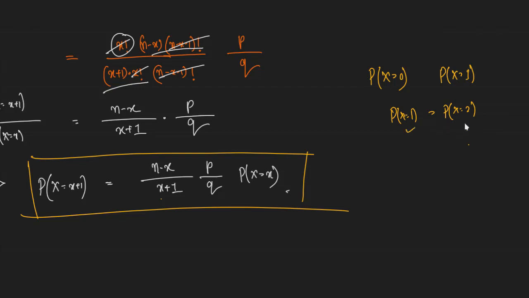Once you know the earlier one, you can calculate the next by putting it into this formula. This is called the recurrence relationship. Right, so this is your recurrence relationship, and the next point is some examples of binomial distribution.